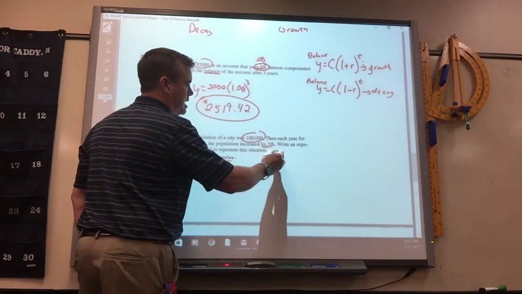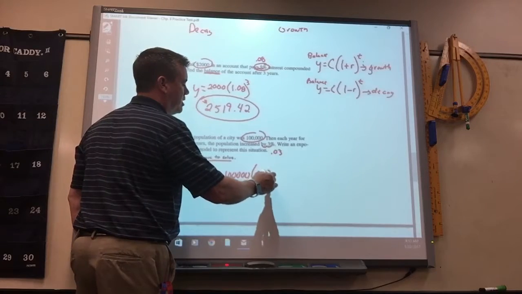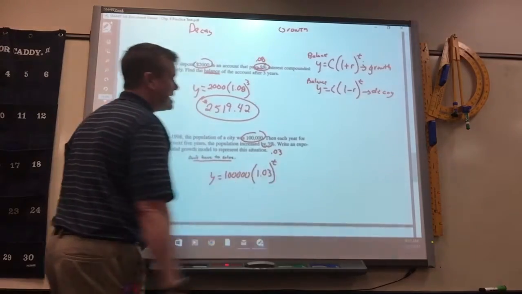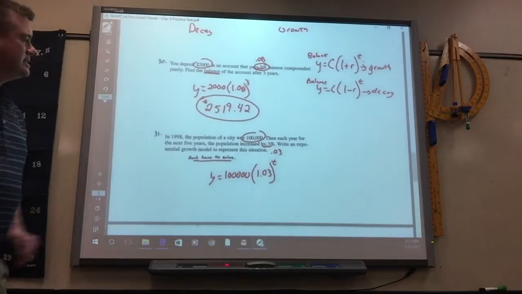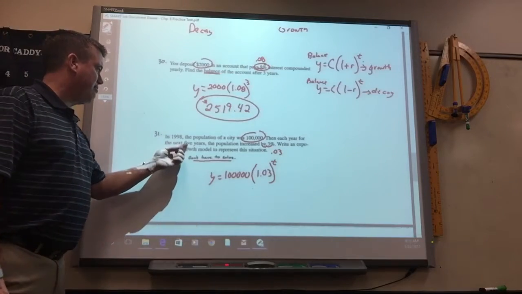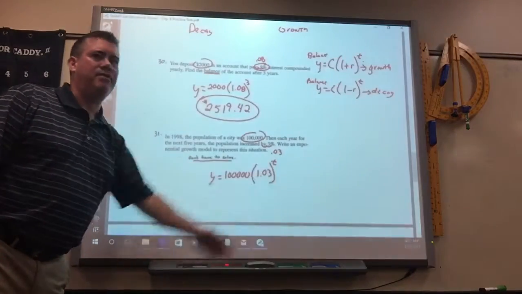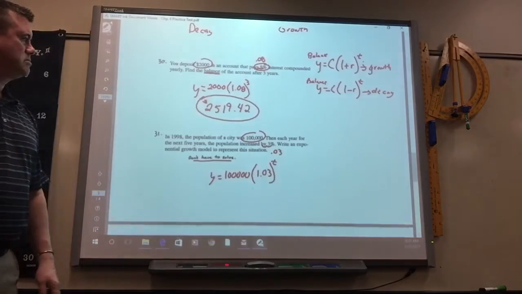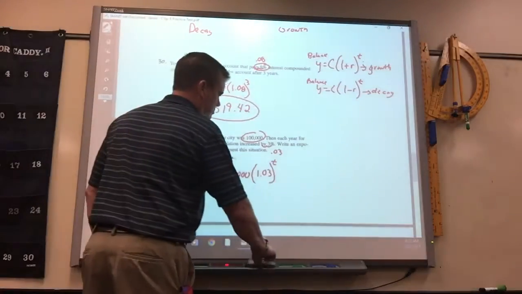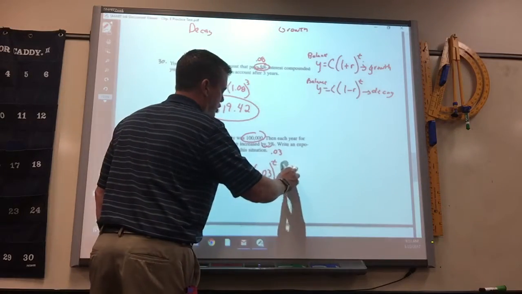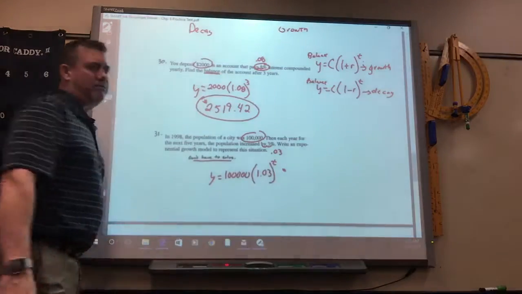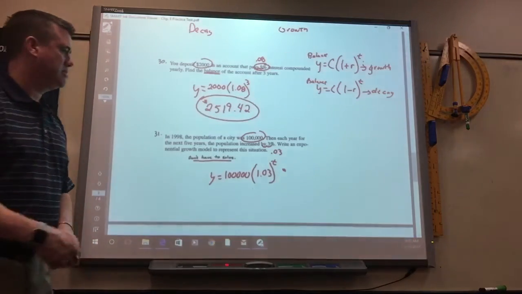Move the decimal 2 spots. 1.03 raised to the time. Now, they're saying it's 5 years, so if you put the 5 there, that would be fine. But usually they leave it as T so you can find out whatever year you want to find.